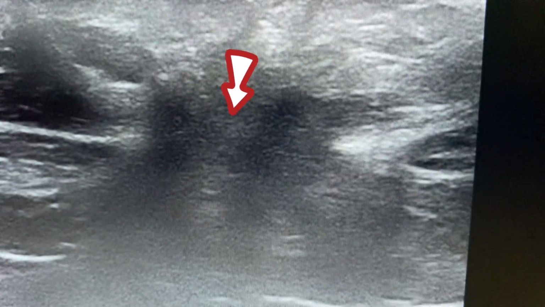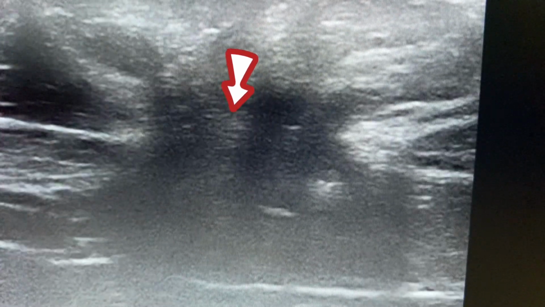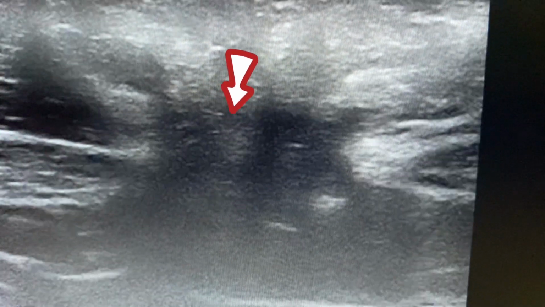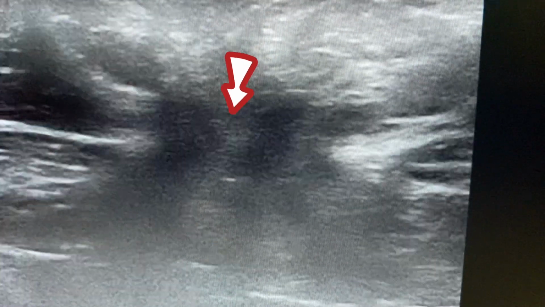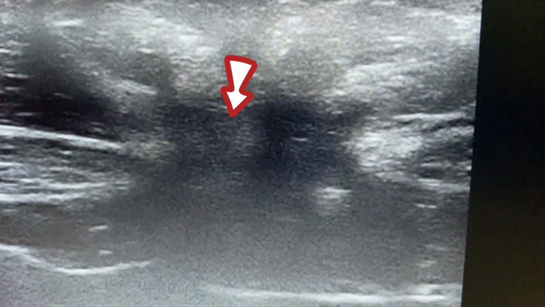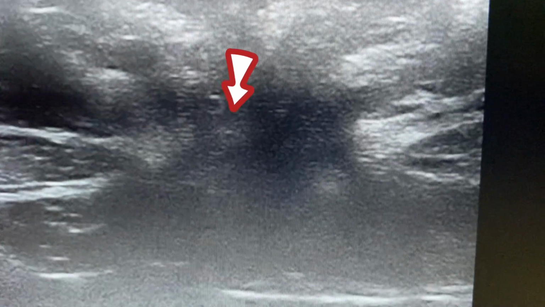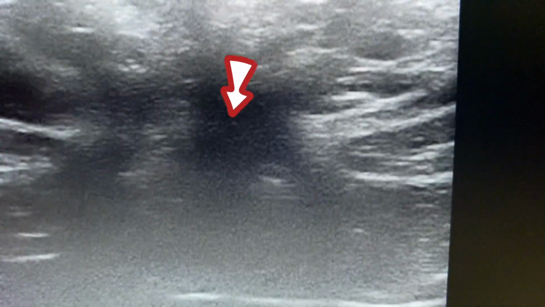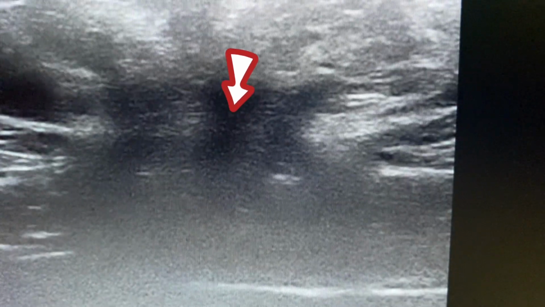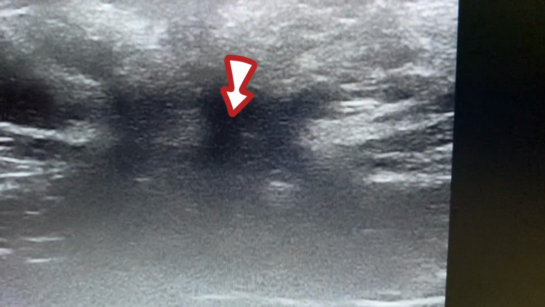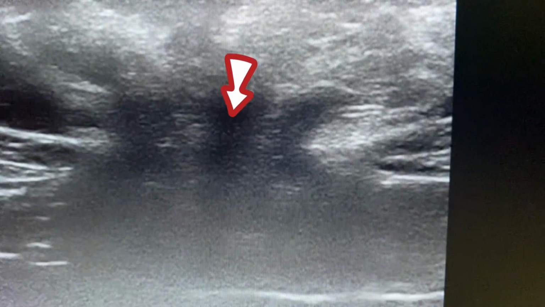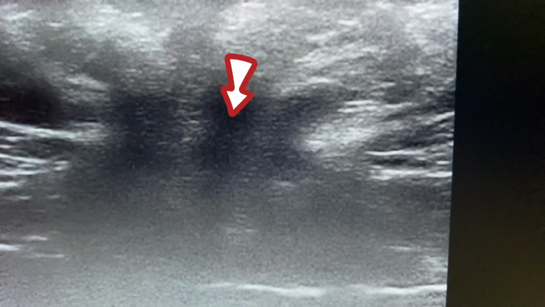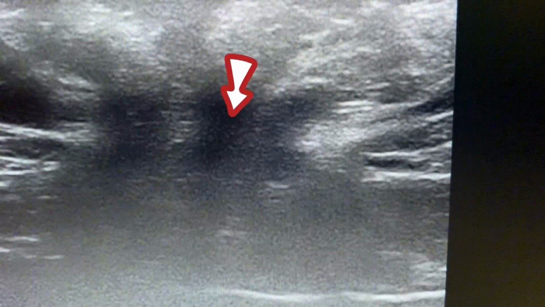Now I am focusing at this point and observing for peristalsis, but there is no peristalsis. No movement of food contents. It means the guts are obstructed here with absent peristalsis.